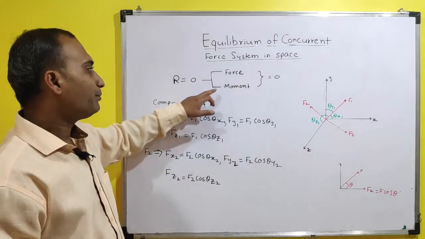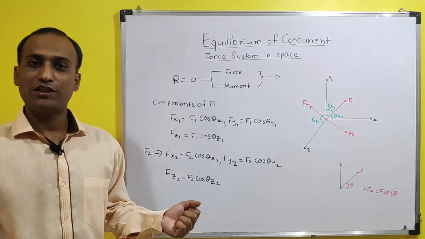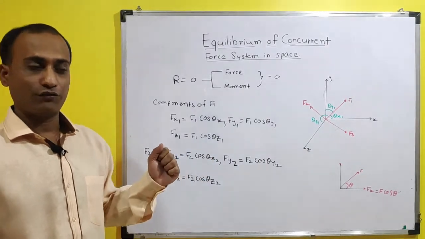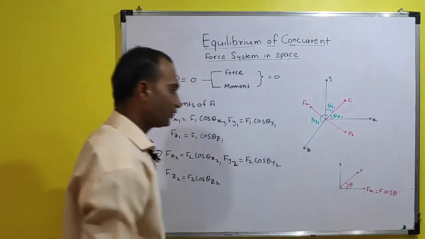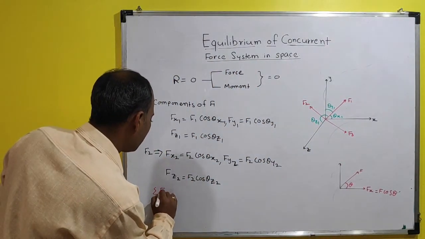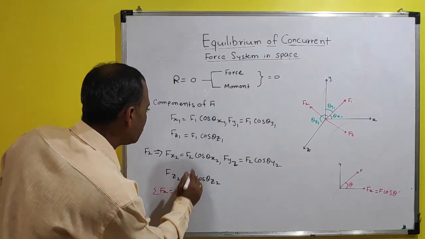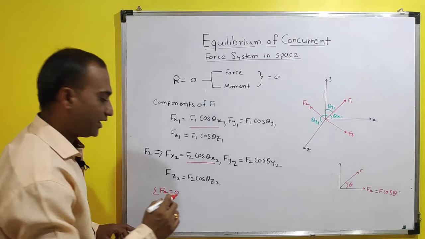So what does it mean by the resultant? We know summation along x direction will be 0, summation along y direction will be 0. So finally we can write the equation for summation Fx is equal to 0. For summation Fx equal to 0, all the components in x direction should be taken.